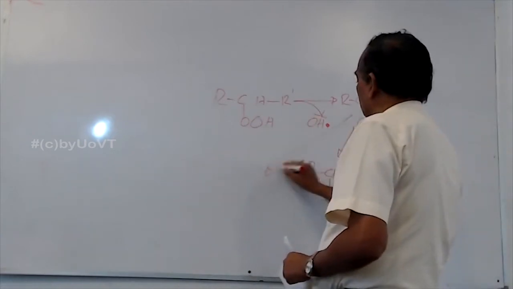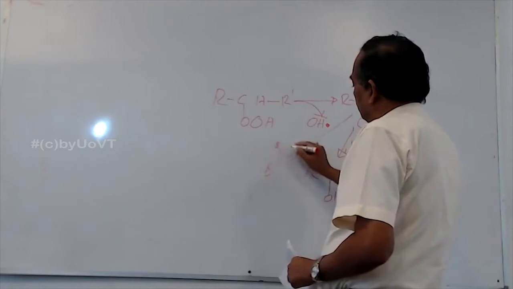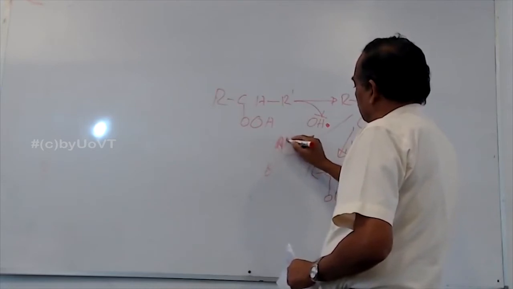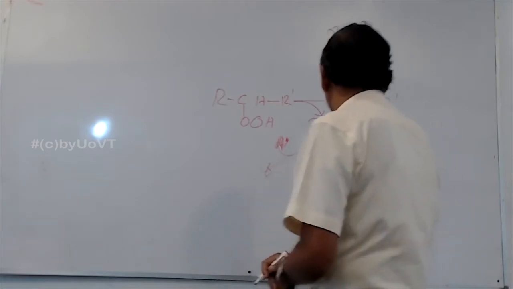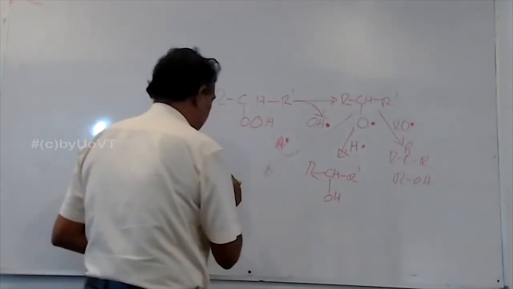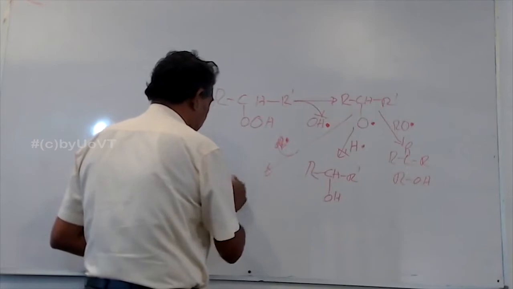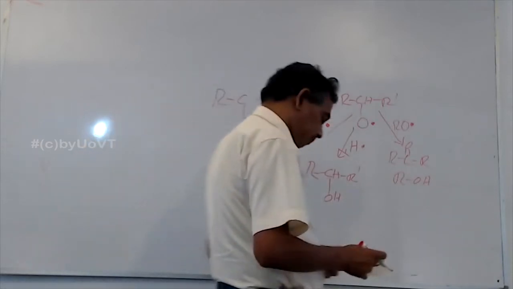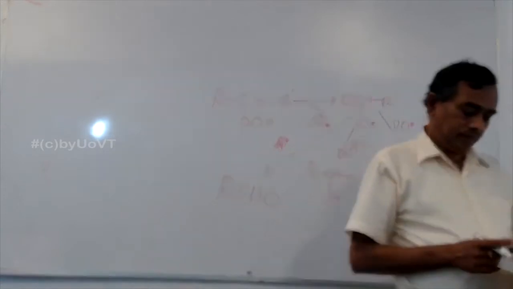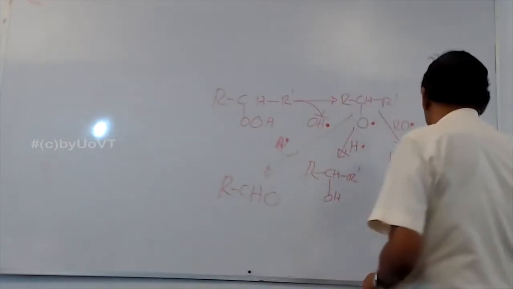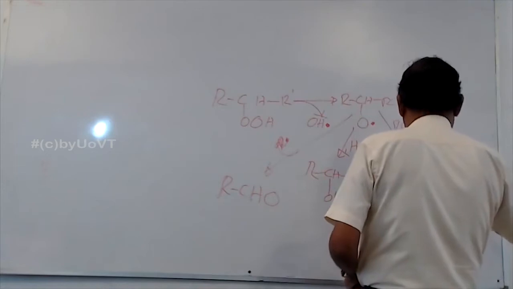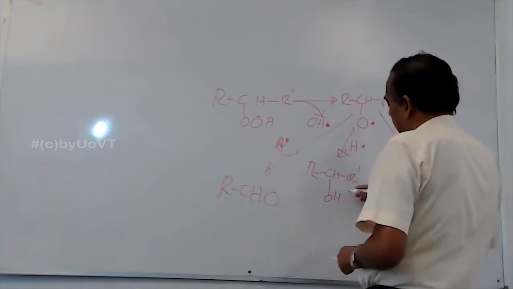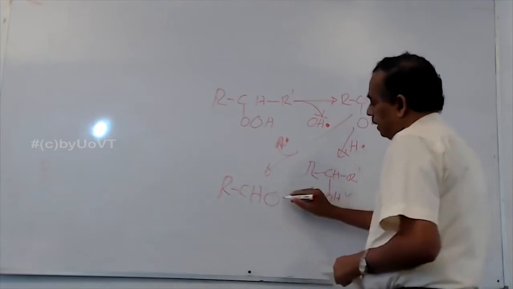if R dot is released from this one, the final product is RCH2 aldehyde. So ketone, alcohols, and aldehyde.